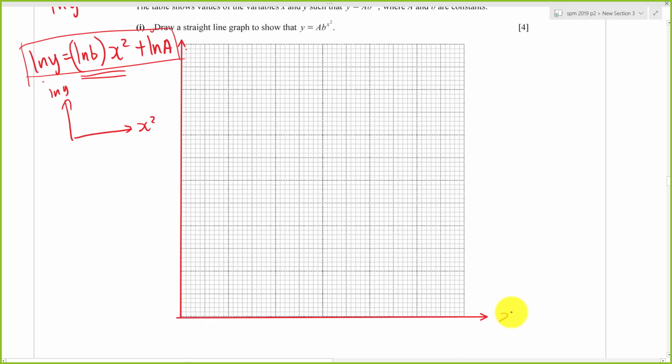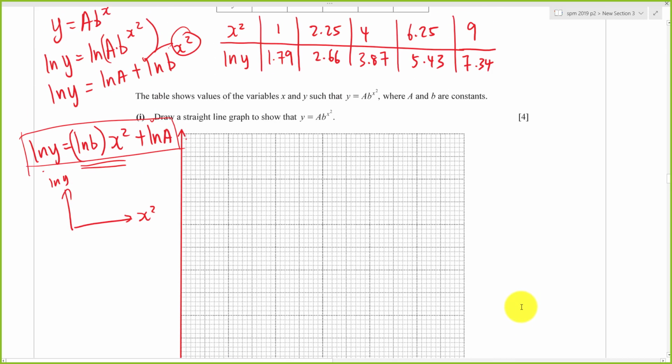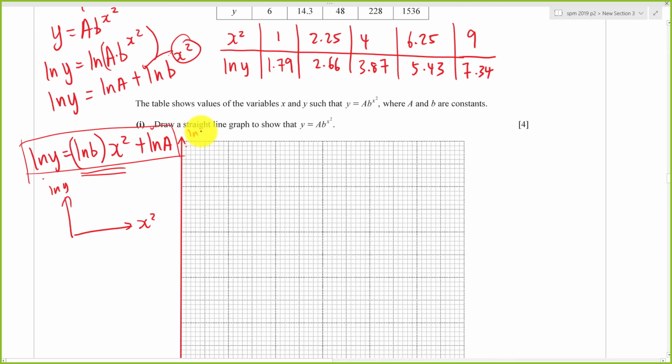Okay, now I have my x squared here, and then I have my ln y here. Let me make this equation look a bit nicer. Then I will try to estimate how many boxes, that means I want to estimate the scale for my horizontal axis and vertical axis.